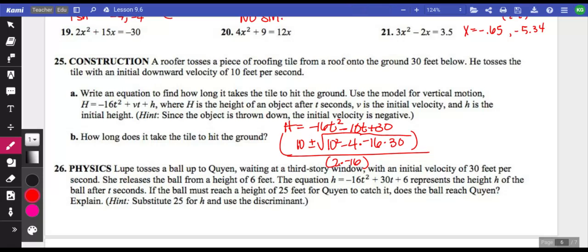For the first answer, I got -1.71 seconds, which, because it's a word problem, I know is not the right answer. And for the second one, I got 1.09 seconds, which sounds good. If I throw something off a roof, it's probably going to take a little over a second to hit the ground.